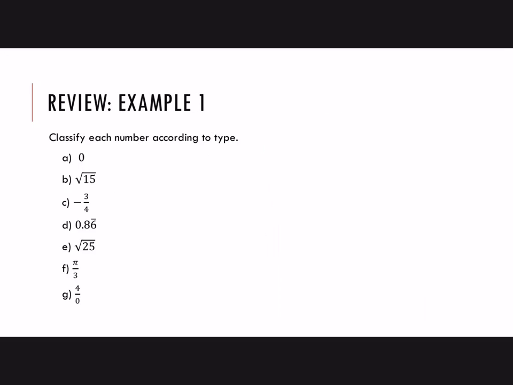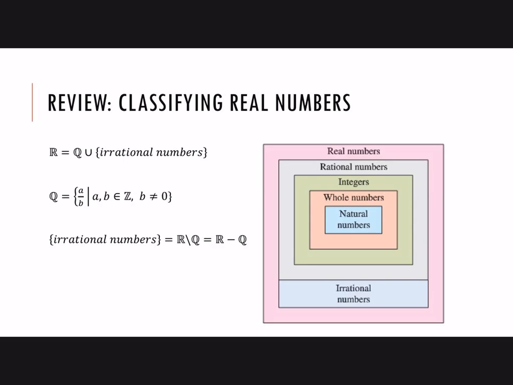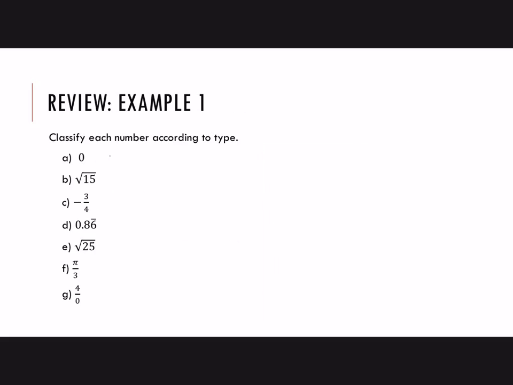Okay, so here's a quick review. Try these out, see if you can classify each number according to its type. So list all of those subsets to which it belongs. Starting with 0. Our choices are natural, whole, integer, rational, real, irrational, and if it's none of those things it would be basically not real or none.